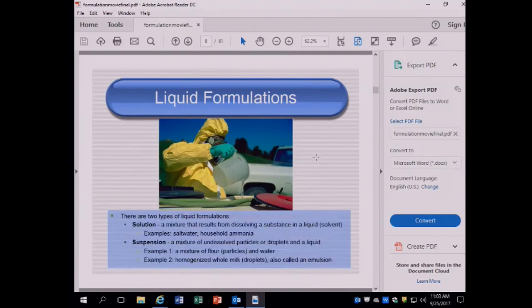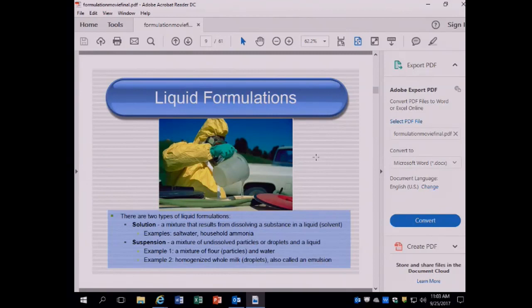All right. A solution is a mixture that results in dissolving a substance in a liquid, which is a solvent. An example would be salt water. You can take a tablespoon of salt and put it in a pint of water, and it will totally dissolve. Then you've got salt water, but you don't have equal parts of either, okay?